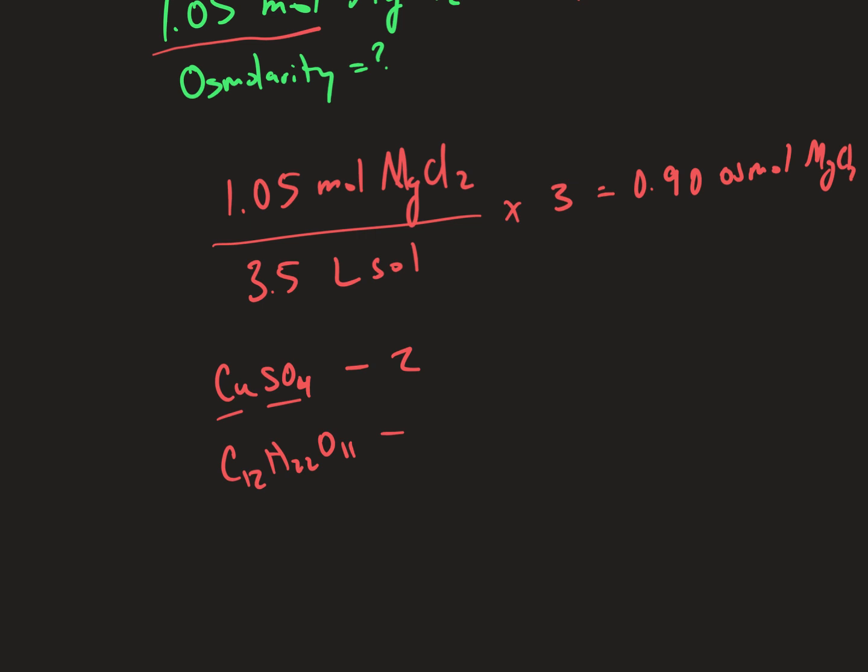It might dissolve: if it's polar, it dissolves in polar, right? So sugar's polar, it's going to dissolve in water, but that's just 1. Any covalent compound will just be 1 particle. That means the osmolarity of a covalent compound is the same as the molarity. Good?